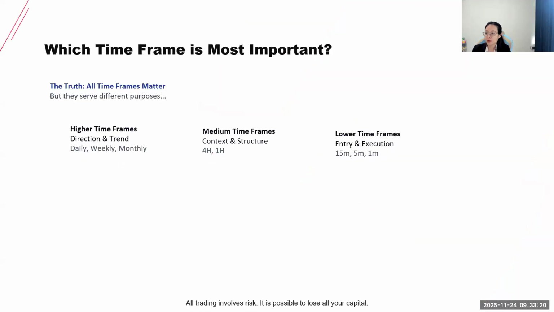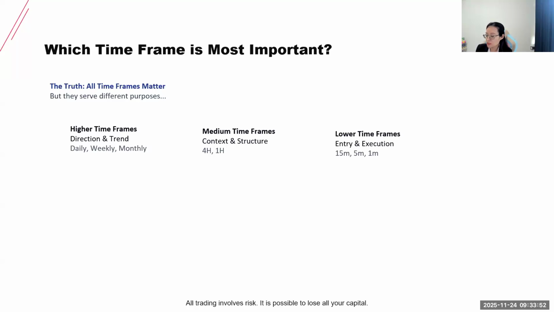So which time frame? The truth is all time frames matter, because all the time frames serve different purposes. On the higher time frame, you look for direction and trend. You can look at the daily, weekly, or monthly. Usually I start out with monthly, weekly, and daily to look for the overall momentum or direction.